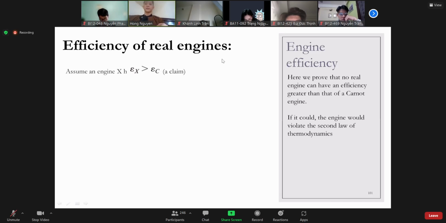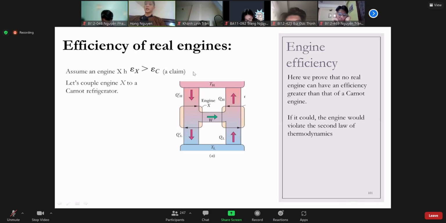And how to do so? We assume that we have an engine X. This is our assumption. And this engine X has a bigger efficiency. This is our claim, okay? And the purpose is that we prove that this claim is wrong.